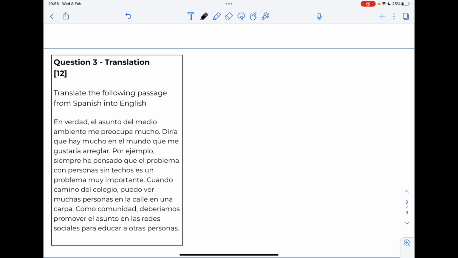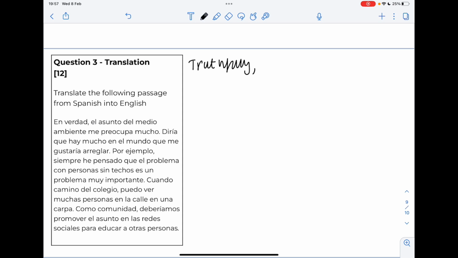So, en verdad. Verdad, in reality, but in Spanish, it's more about making it make sense in English. So, en verdad, instead of saying in reality, we can say something like truthfully or in all honesty. So we're going to say truthfully. El asunto del medio ambiente me preocupa mucho.